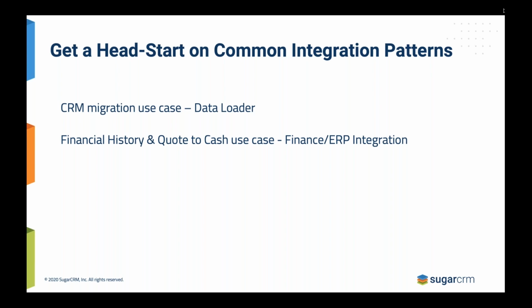And then for a slightly more complicated process like quote to cash, where you need to make sure that quotes are created accurately based on product inventory data that comes from an ERP system, making sure that when a quote is accepted by a customer, the sales order is created automatically and accurately within the ERP, and allowing you to really create that quote to cash, or even if you're using Sugar to start to track your leads, following that whole lead all the way to cash, the life cycle of your customer.